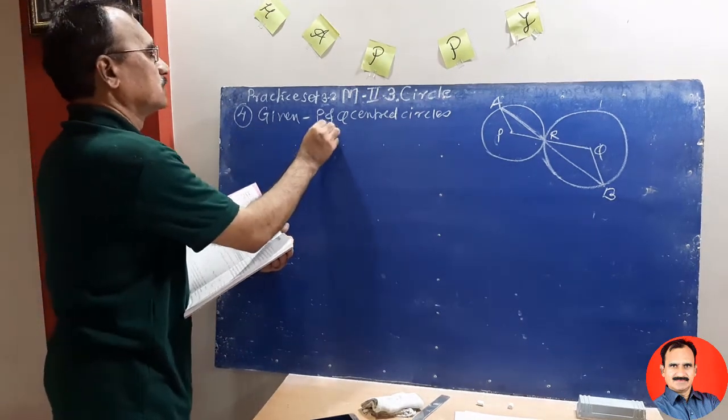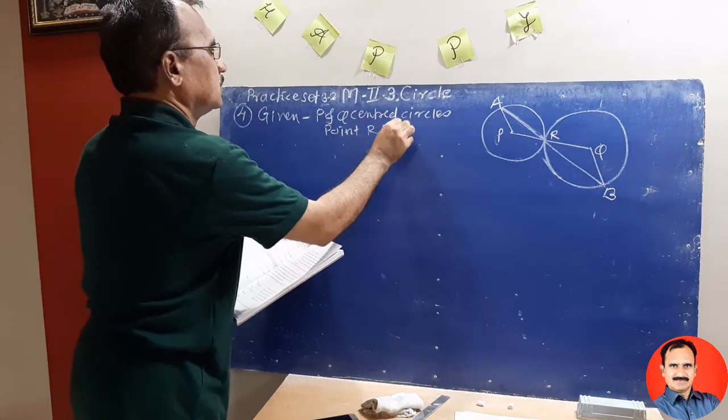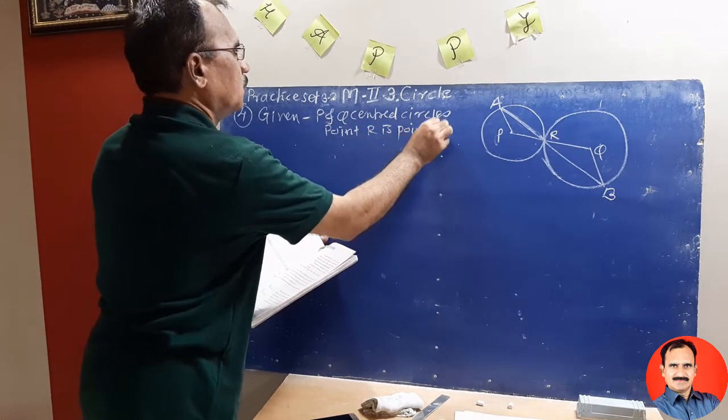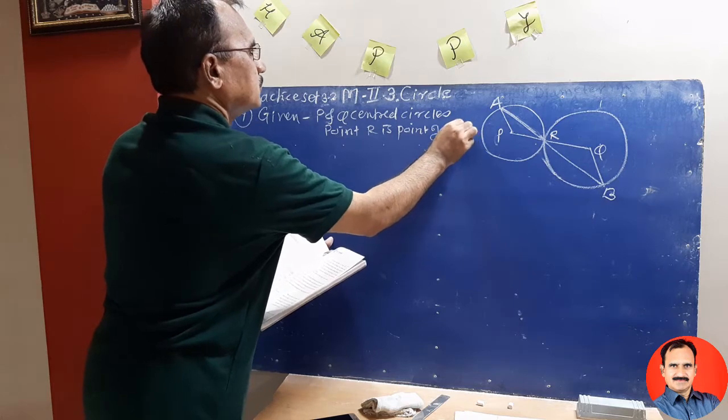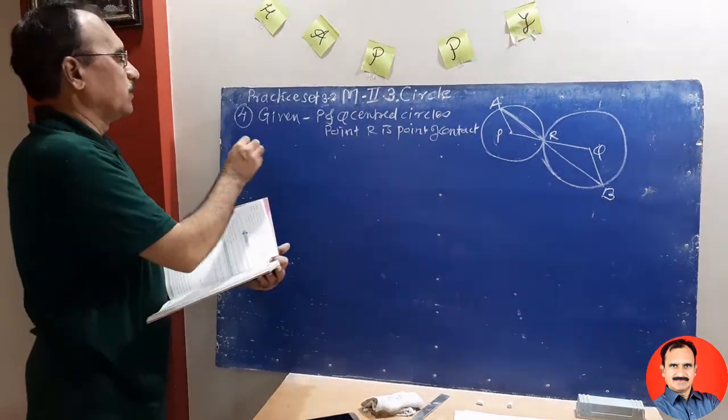Point R is the point of contact. And here we have to prove.